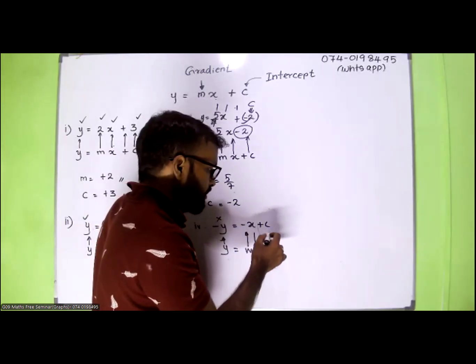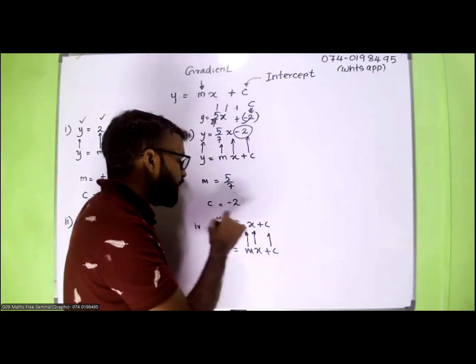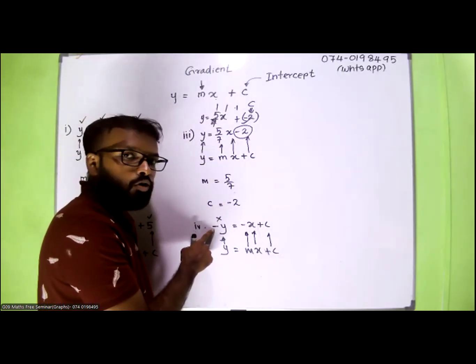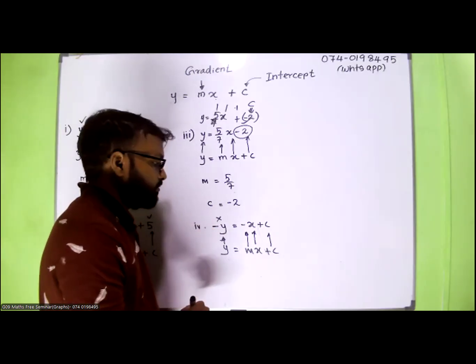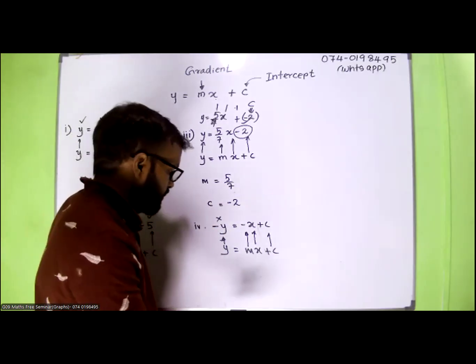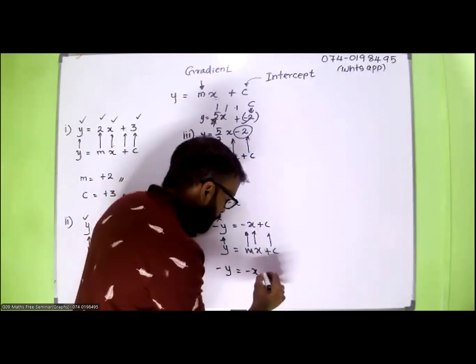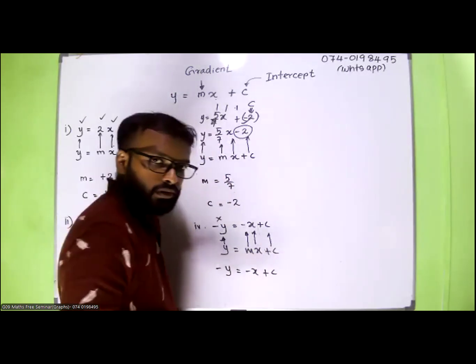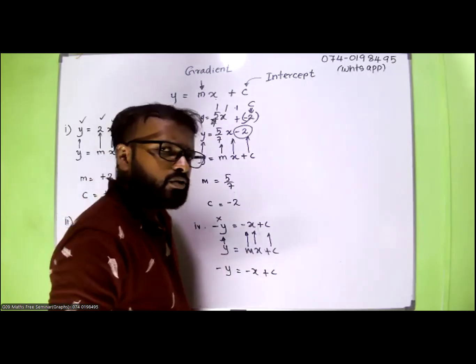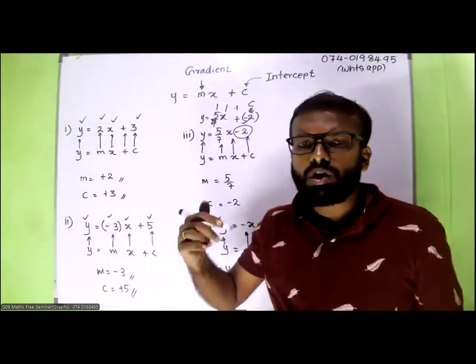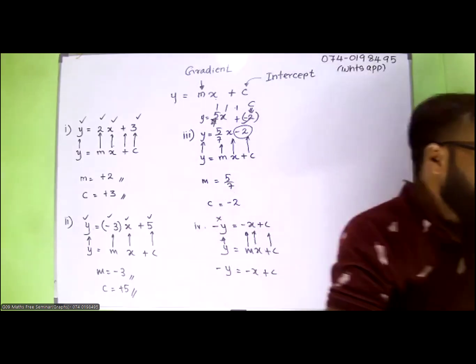X okay, c okay, but y not okay. So we have to make sure that we have positive y here. So we are going to convert this. Here you have minus y equals minus x plus c. How are you going to make sure that you have positive y instead of minus y? How are you going to convert this? Do you have any idea?